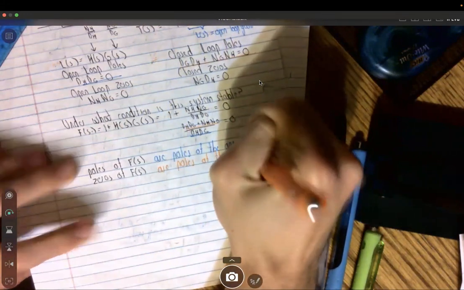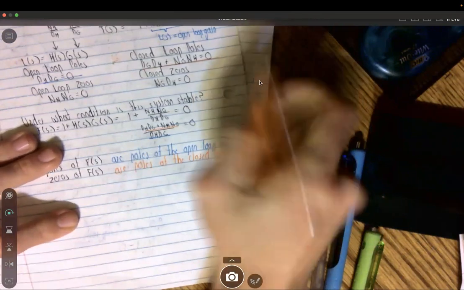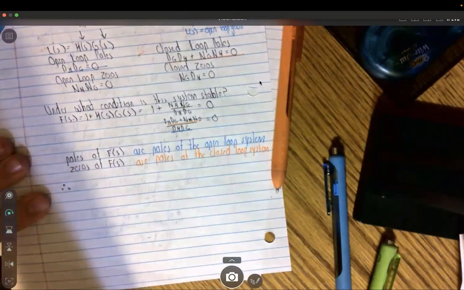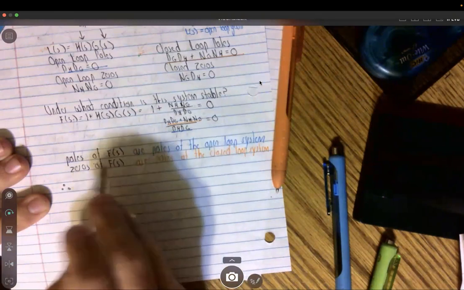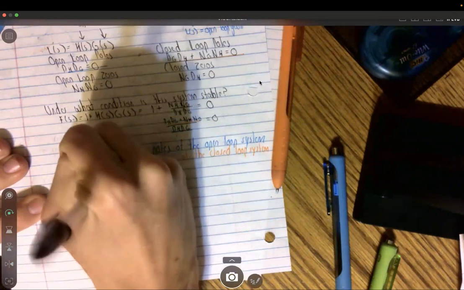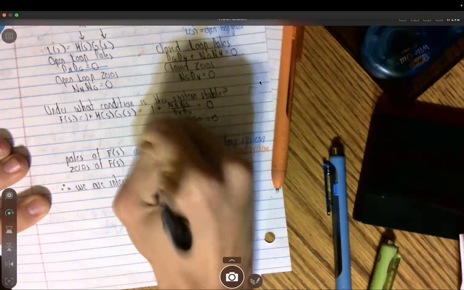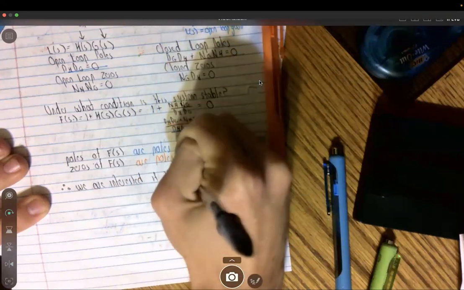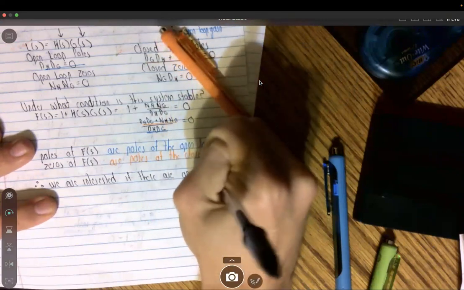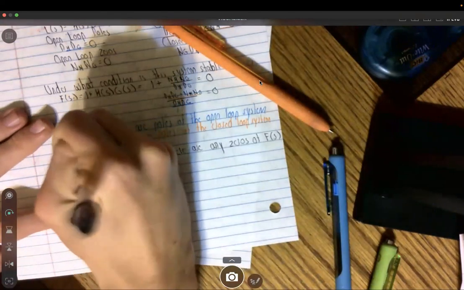And remember, we're always interested in our closed loop system and our stability. So we're interested in the zeros of F of S. We are interested if there are any zeros of F of S in the right-hand plane.